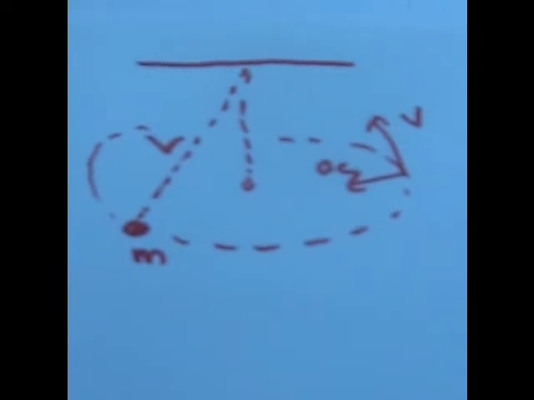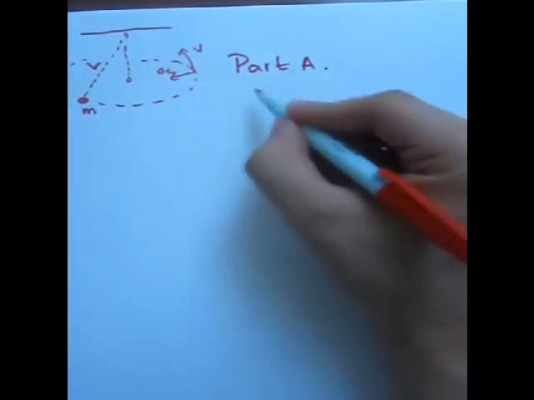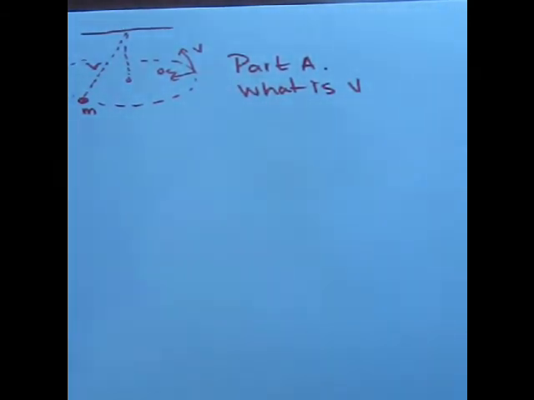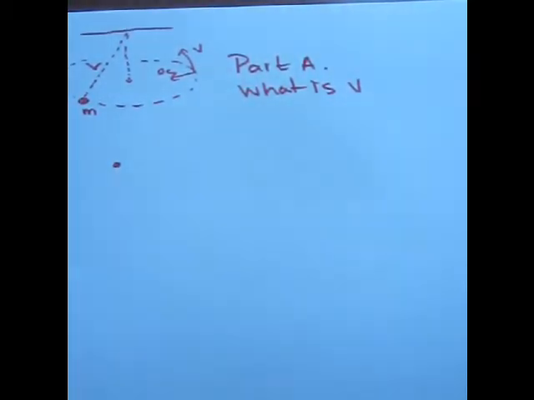Okay, so the question in part A says, what is v? Well, it's kind of a difficult problem, but we can just keep doing what we always do. We set up a free body diagram.